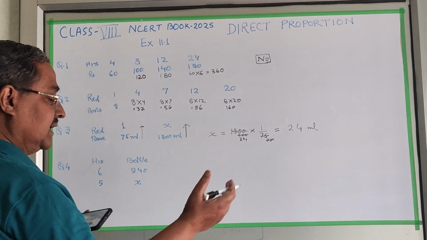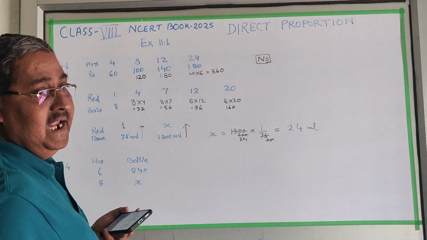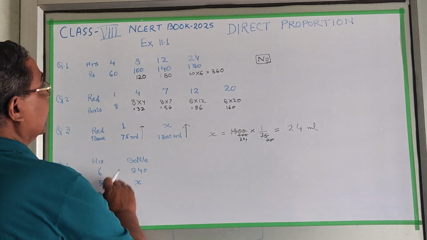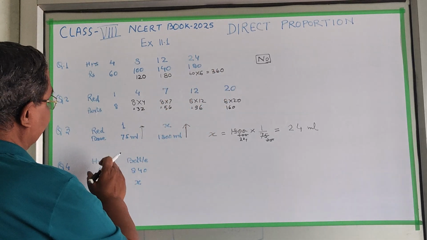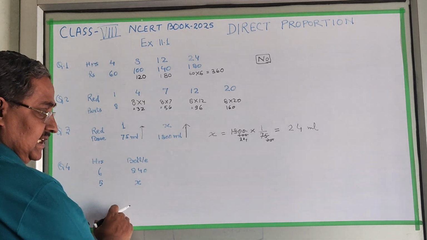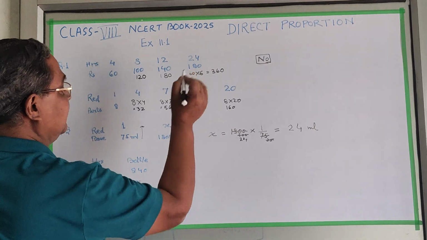You can fill a higher number of them. And if you reduce the hours, the number of bottles will reduce. It is a question of direct proportion. One factor increases, the other factor also increases. One factor decreases, the other also decreases.